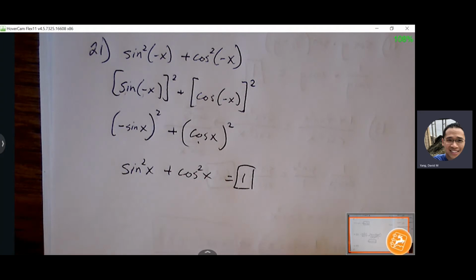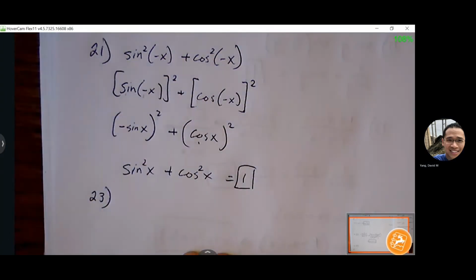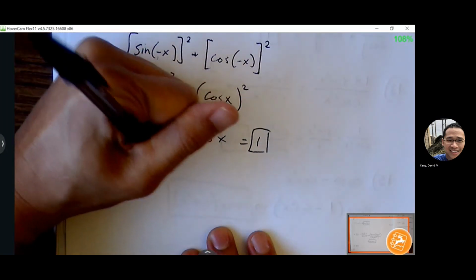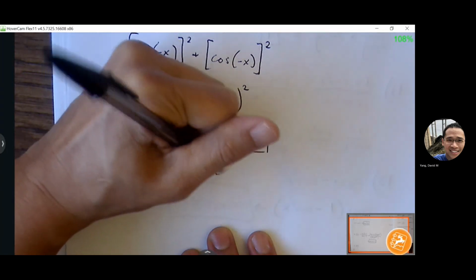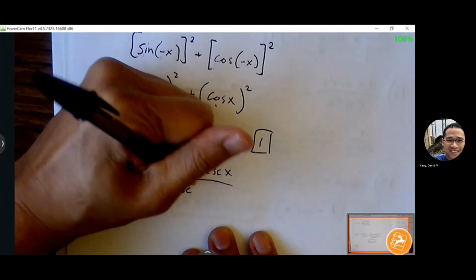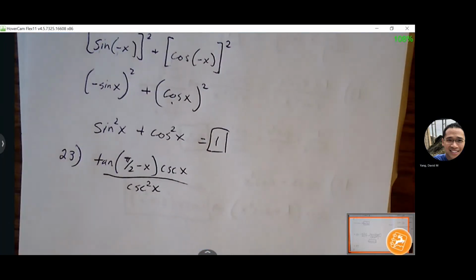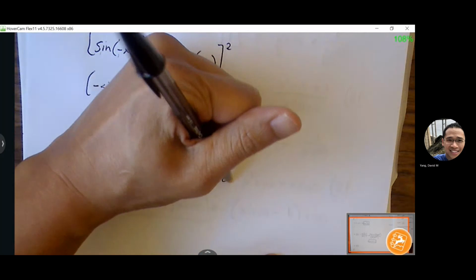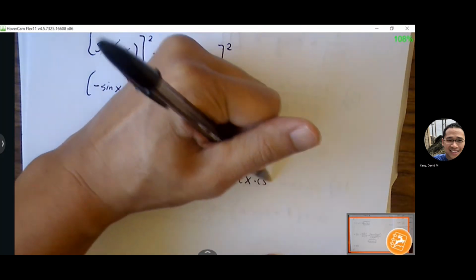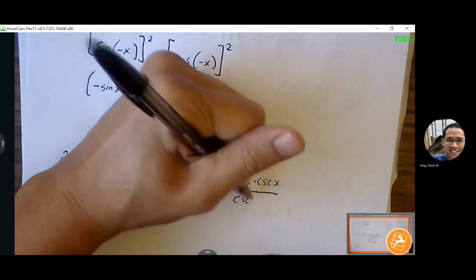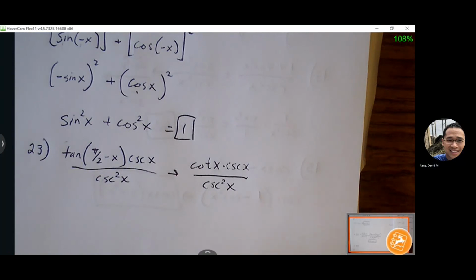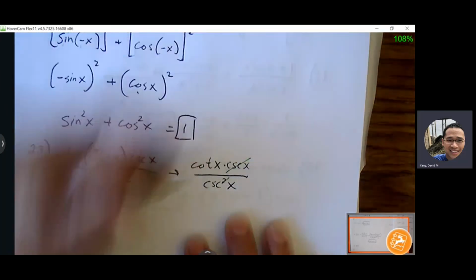Okay, last one here, 23. Okay, anything that I can do with that tangent of pi over 2 minus x? Cotangent, okay. Okay, any other cleanup things that we can do? Okay, rid of one of the cosecants.